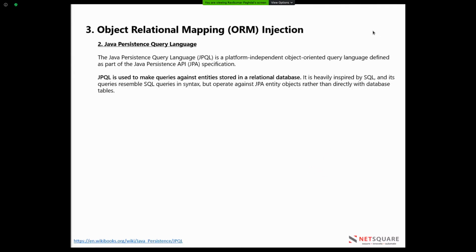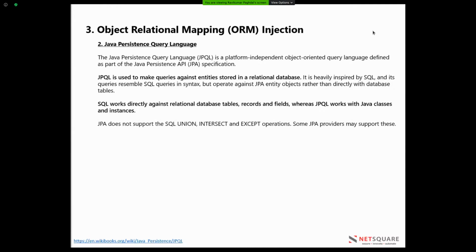SQL works directly against the relational database table, record or field, whereas JPQL works with the Java classes and instances. So once you put a JPQL, Java classes and instances, it will convert to SQL queries and trigger into the database. JPQL is based on the JPA specification, defined as a part of the JPA specification.